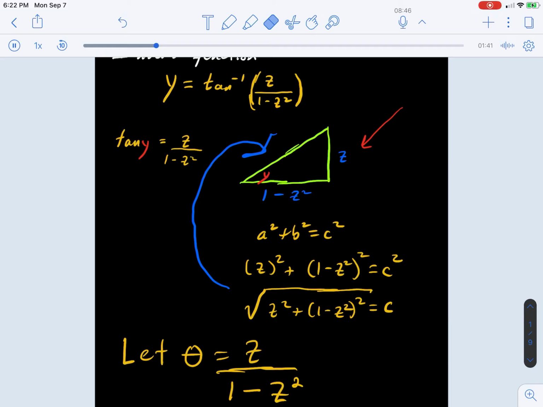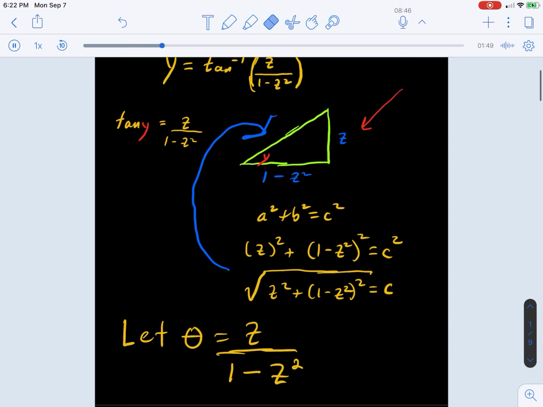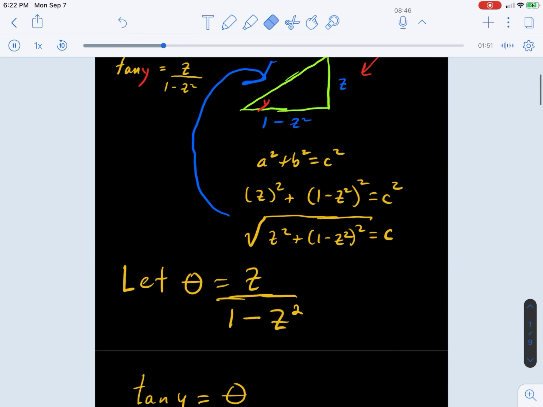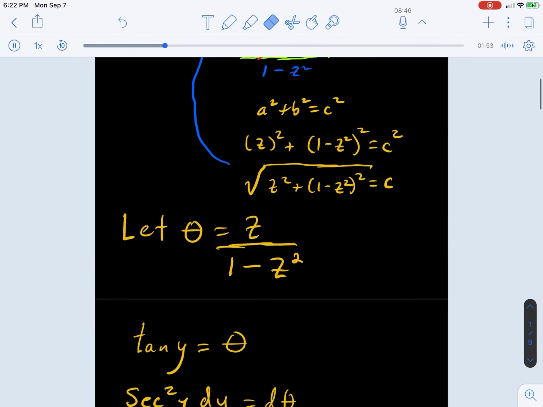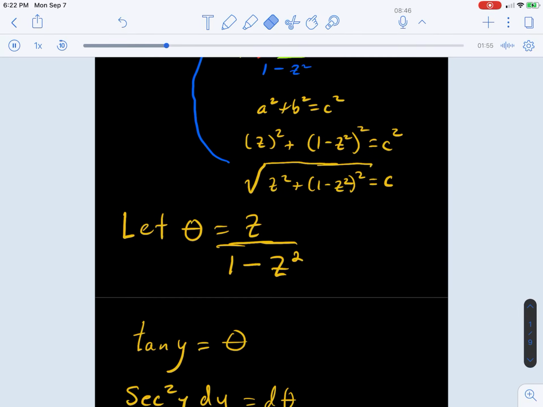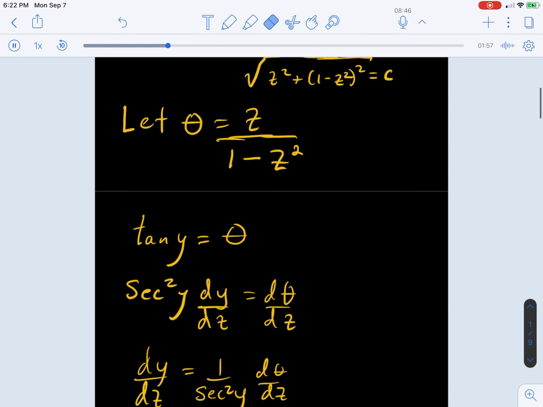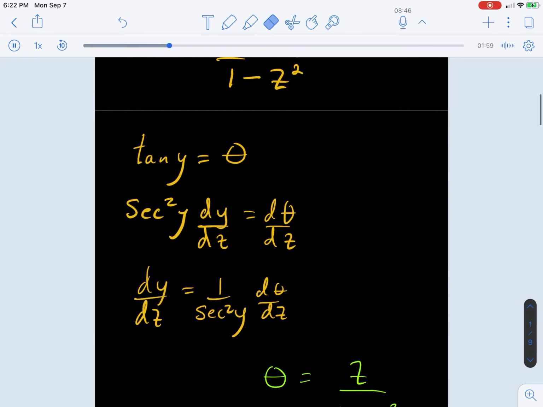Now we're going to create a relationship relating theta to z over 1 minus z squared. And we're equating them. And I go back to my original problem, and I input theta in place of z over 1 minus z squared. Now remember, we're differentiating with respect to z. First thing was I differentiate the left side.